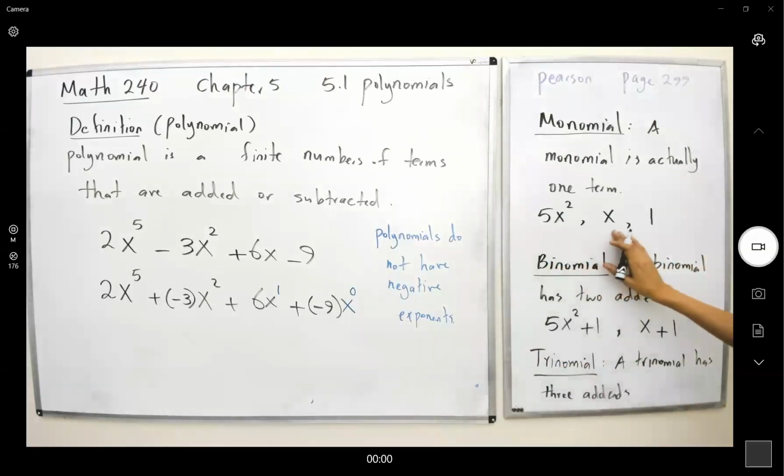So here, if I add these 3 terms, 5x squared plus x plus 1, I'm actually creating a trinomial. If I have more than 3 terms, I in general call it a polynomial. Many terms and addends are attached together, and I have a polynomial.